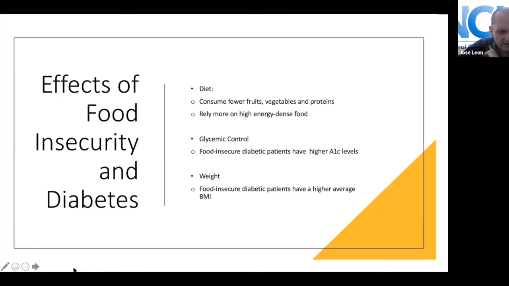The effects on diet. The patient will consume fewer fruits, vegetables, and proteins, and rely more on high energy dense food. They will try to get food that is easier to get and cheaper.